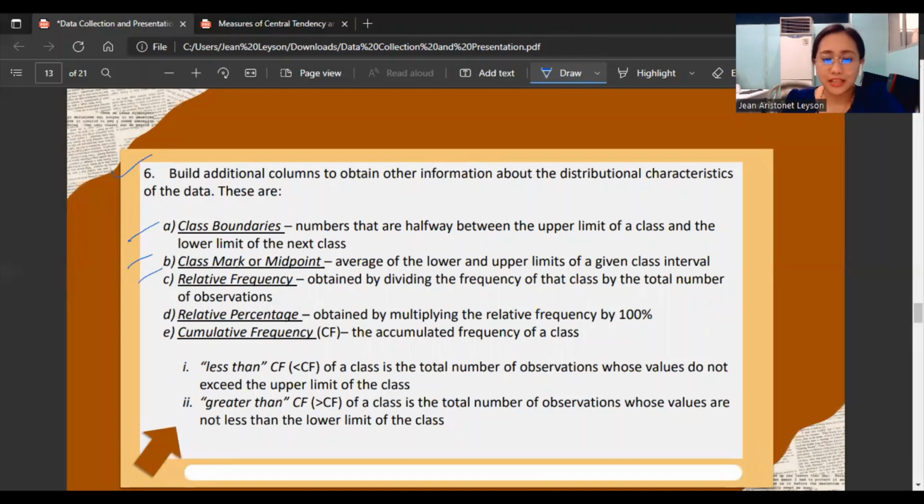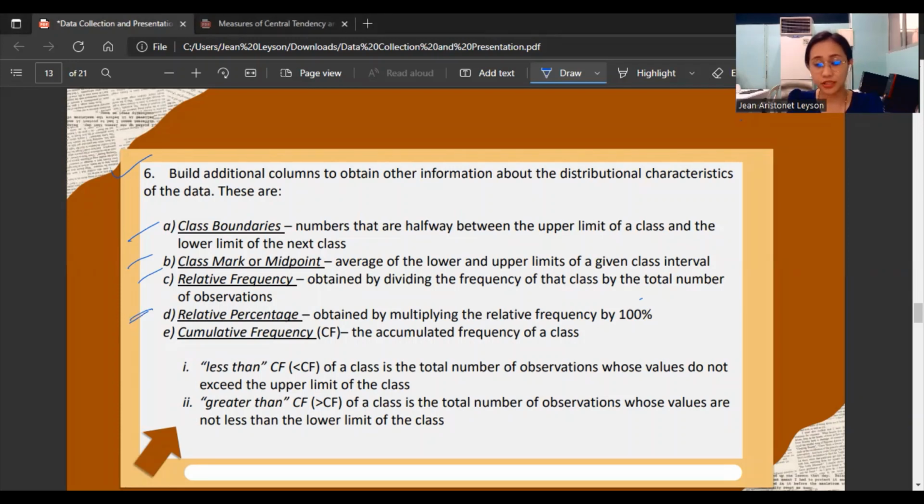Third one is the relative frequency or the RF. So this is obtained by dividing the frequency of a class by the total number of observations. So let's say a certain value appears twice. So that's 2 divided by as to how many numbers. If there are 10, that's simply 2 divided by 10. We have what we call as the relative percentage.